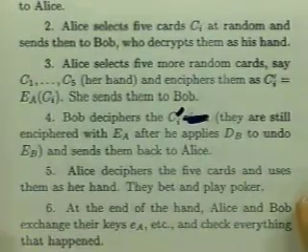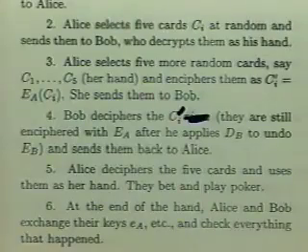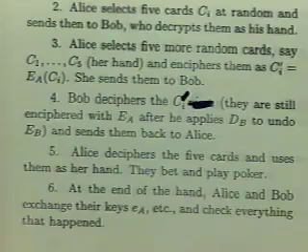The 2 players bet, and they play poker. At the end of the hand, Alice and Bob exchange their keys, the EA, EB, DA, DB. And since they can know all of the numbers that went back and forth, they can verify things.